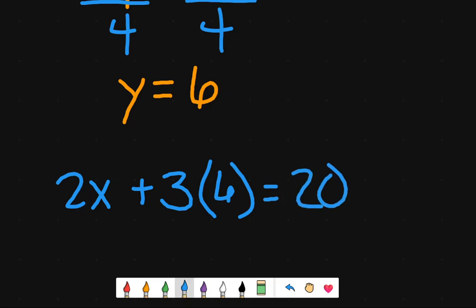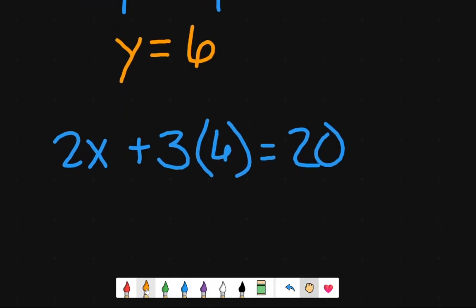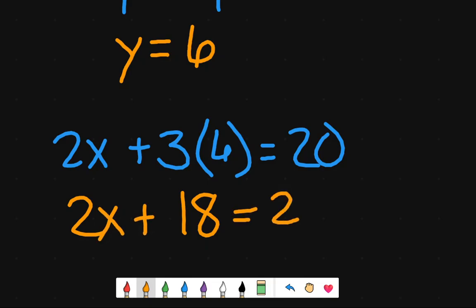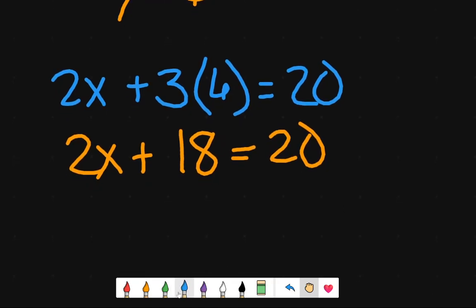And this is how we will find our x. Following the order of operations, we'll take 3 and multiply it times 6, and 3 times 6 is 18. Bring our 2x down. 2x plus 18 is equal to 20. Now we're at our two-step equation. We have to undo the 18 by subtracting 18 because it's a positive 18.